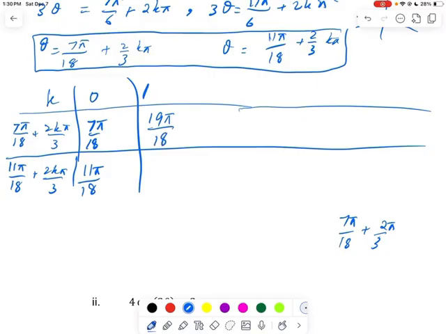So how do we know where to stop? Well, remember, as long as your angle is less than 2 pi, you have to include it. It will be a solution. If you get an angle more than 2 pi, then that will not be a solution. How will you know whether it is 2 pi or more than 2 pi? What you will do is, when you add these up, you will notice that the denominator is throughout coming to be 18.